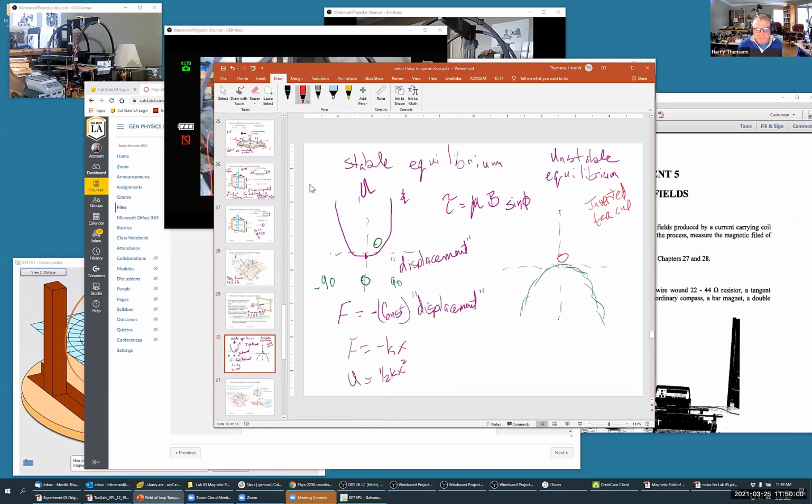And this is in the case where you have 180 degrees for phi. Either direction, it's just going to keep going. But the torque is 0 at 180.